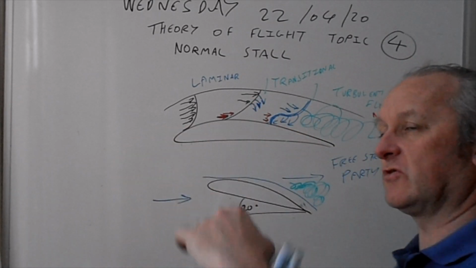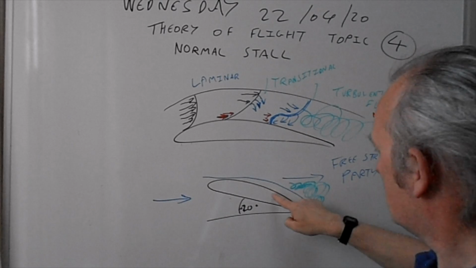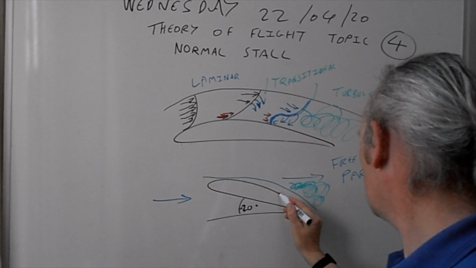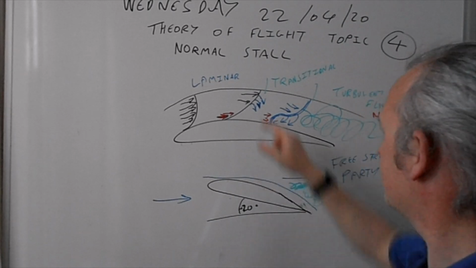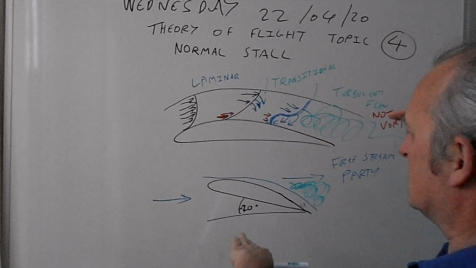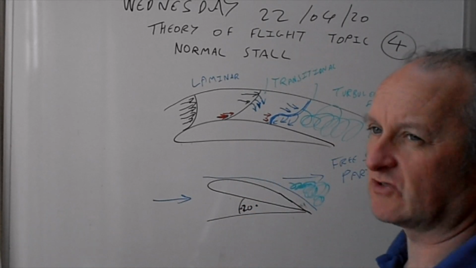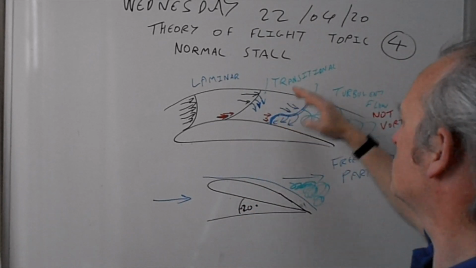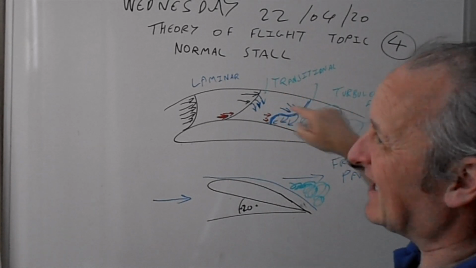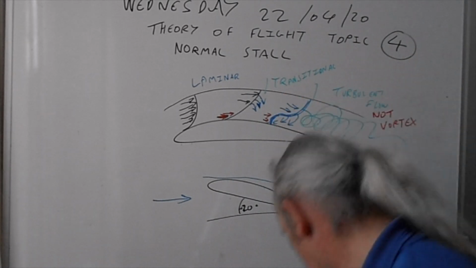Because when it's trying to follow this angle of the wing, the top of that laminar flow, the top of that boundary layer, is basically trying to go this way, where the bottom is trying to stick to the wing. And the bottom goes slowly, the top goes fast, it spills over the top, it causes an adverse, this is not called a negative pressure gradient.